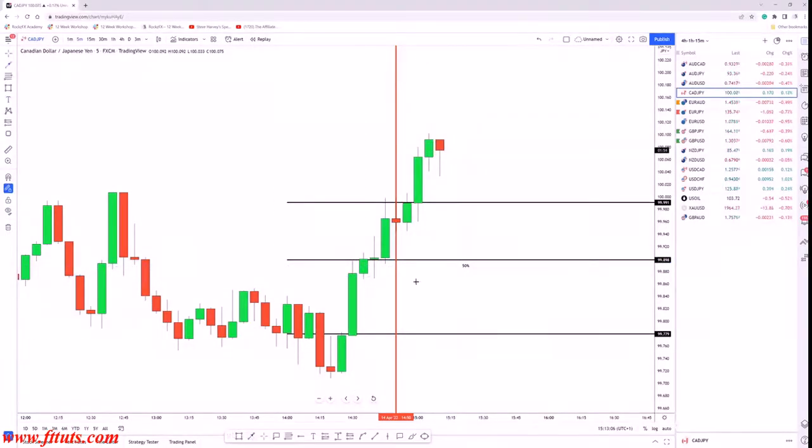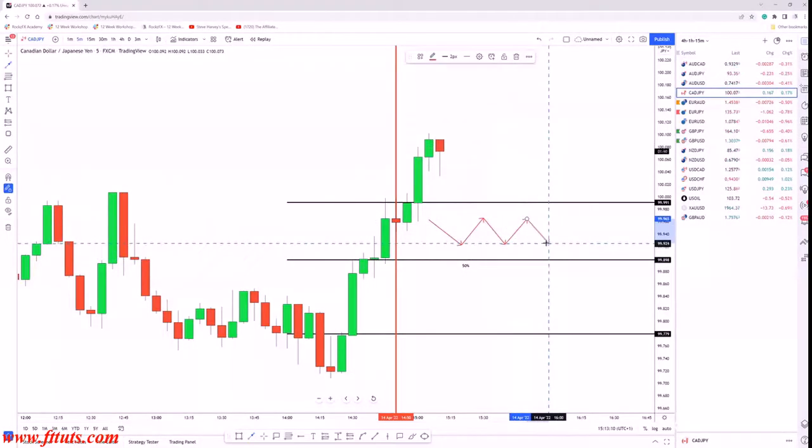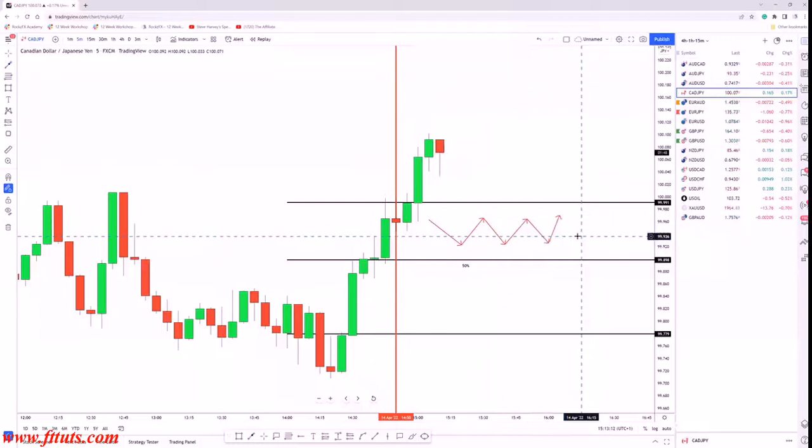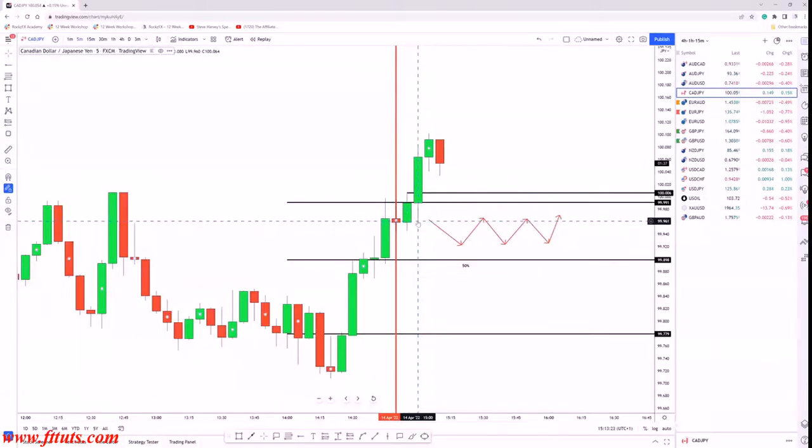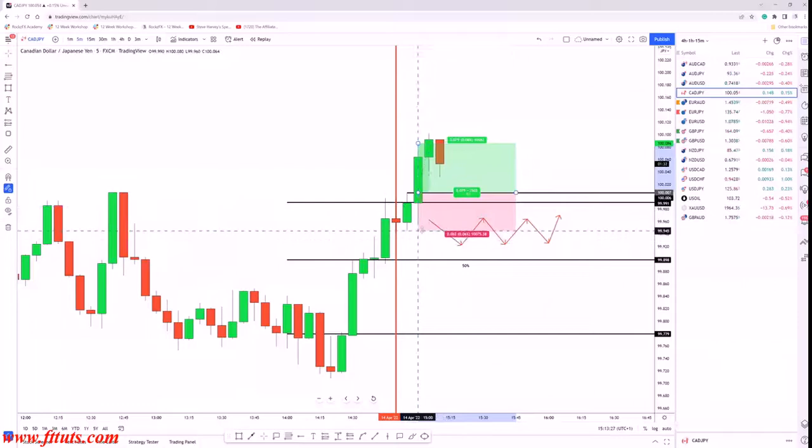You're looking for price to come back anywhere in this area to give you those signals: bullish engulfing, bullish momentum candles, indecision candles, or wick rejection candles. And if you don't get it and you see the candle is starting to push bullish, creating this wick, which is the bottom wick of the current hourly candle, then you'll be looking to take the trade something like this.